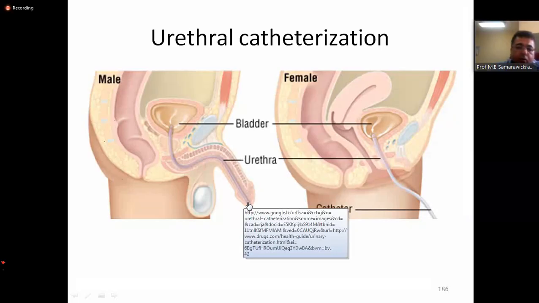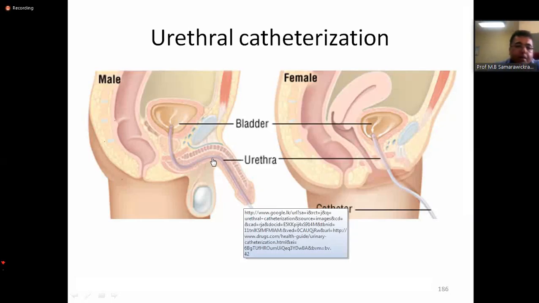So you have to take care not to insert the tip of the catheter into them, right? And then in the shaft of the penis, the spongy urethra encounters an angle here. So in this angle, we have to negotiate by holding the penis straight, right?